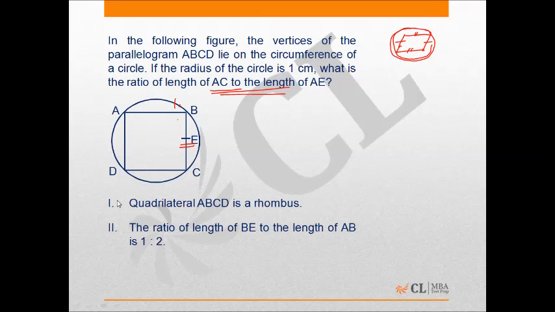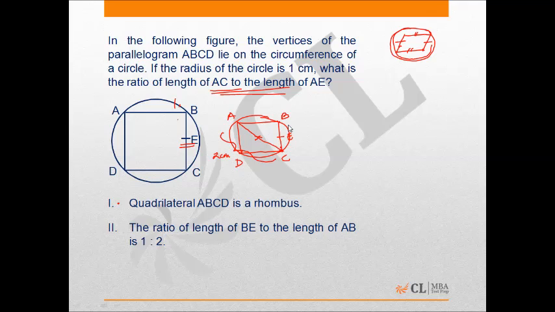So if you're talking about a square getting inscribed in a circle, and E being a point, we can actually know that the diagonal of the square, and hence the side of the square, because this diagonal is also nothing but the diameter of the circle. So this will come out to be 2 centimeters, and hence we can know the sides.